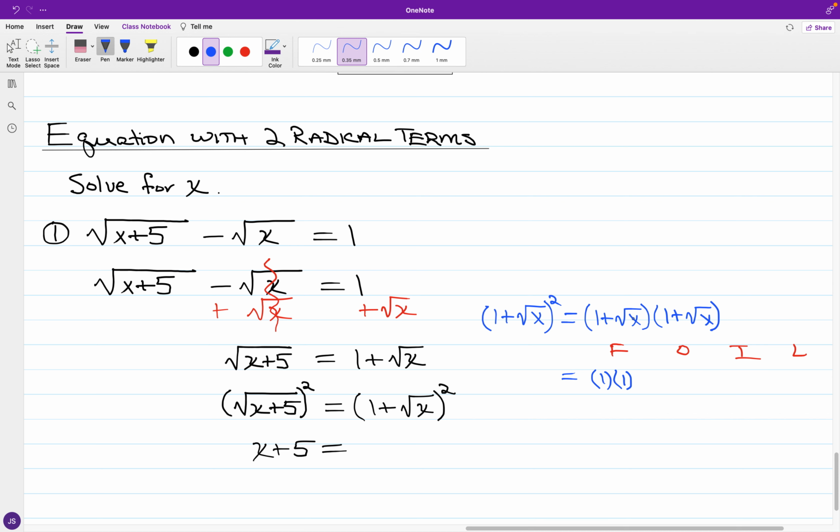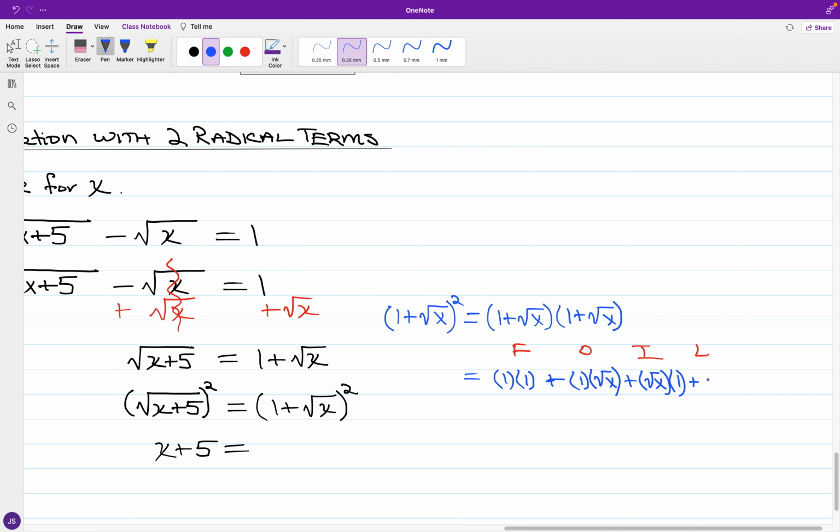So you've got first part, 1 times 1, we have 1 times the square root of x on the outside, inside, the square root of x times 1, and for the last, the square root of x times itself.